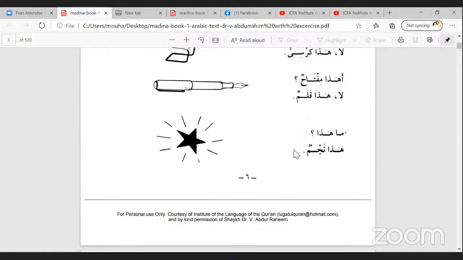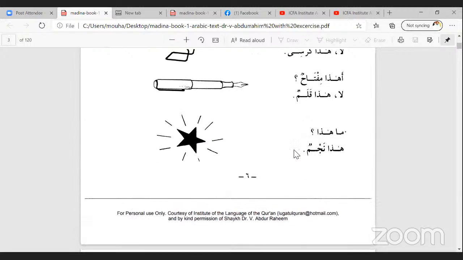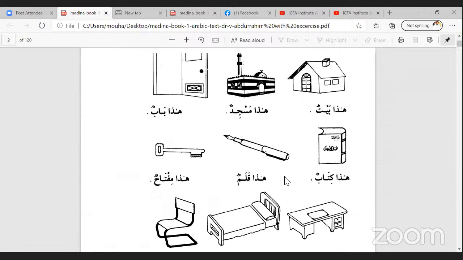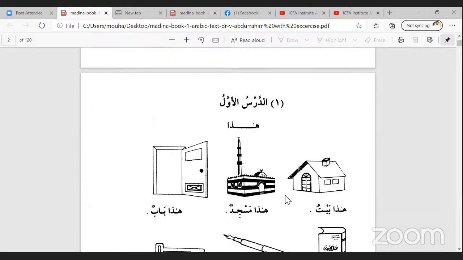Okay. So we learned from this lesson, hadha, ismul ishara, demonstrative pronoun, hadha, this.